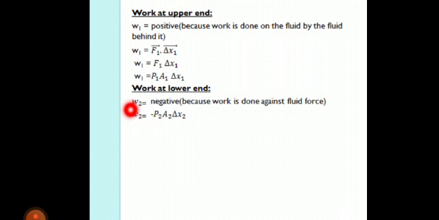Now we will calculate the work at the lower end. The work at the lower end is negative because the pressure and the fluid direction are opposite, so we write the same work with point 2 and put a negative sign because the work is negative.